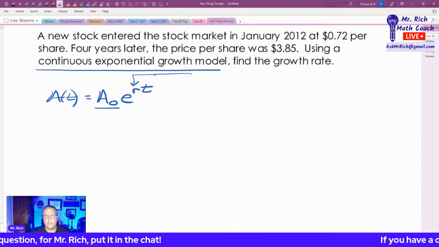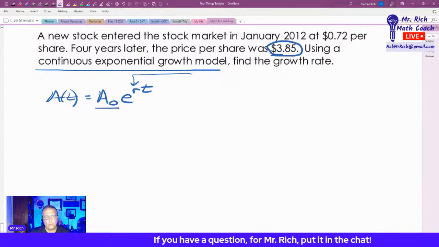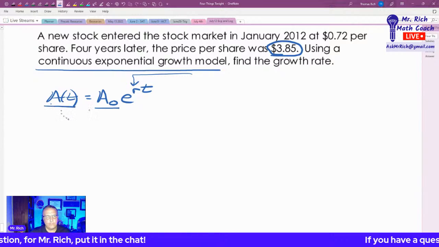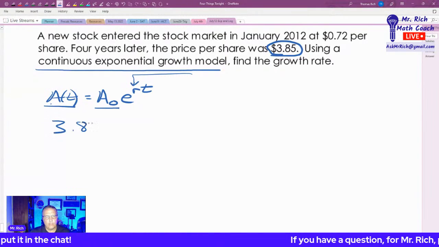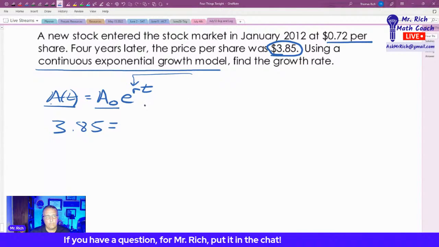So how do we set this up? Well, they're telling us what the share price was 4 years after January 2012. So that's going to be the value A of t, and we're going to put in here 3.85. That was our stock price, but it started at 72 cents per share.